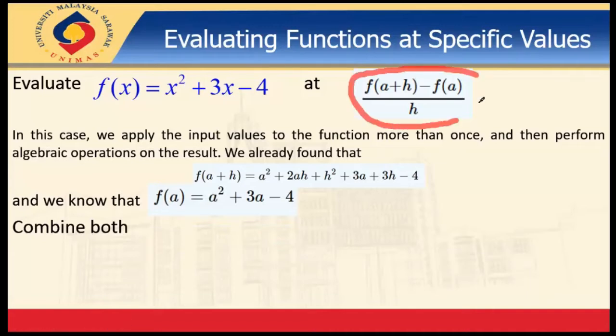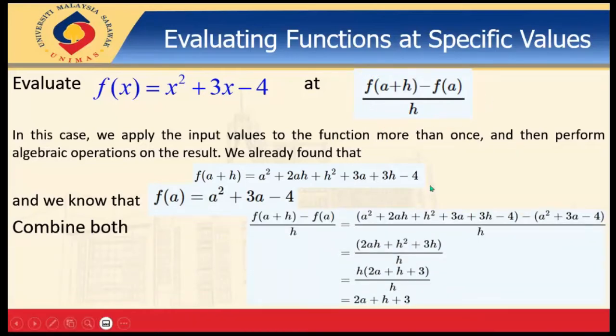When we combine both, we can write f of a plus h minus f of a divided by h is equal to the first component. Just put this component here, and then this minus, and then the second component, which is a square plus 3a minus 4.